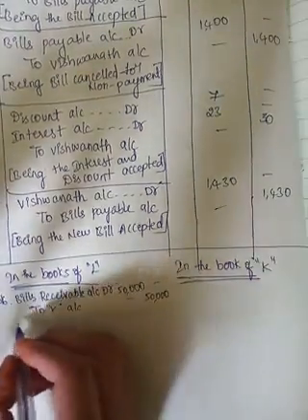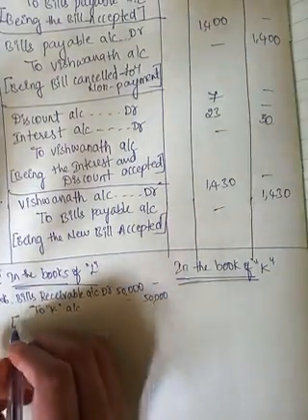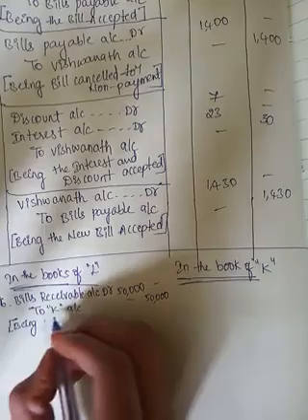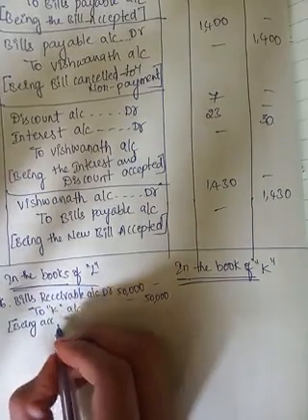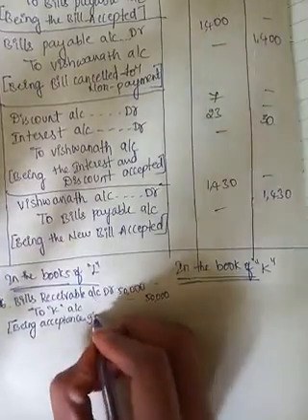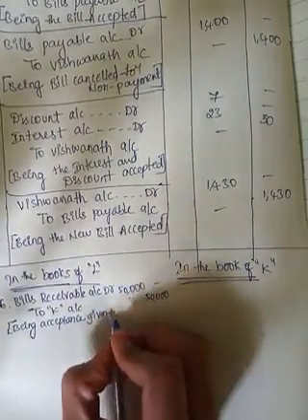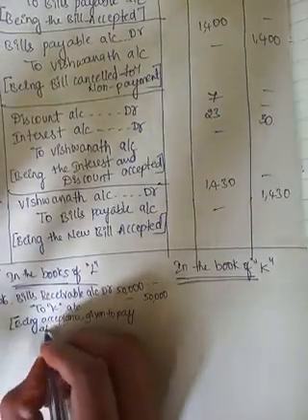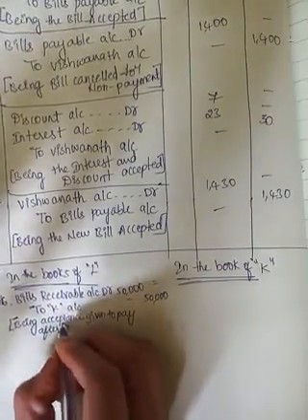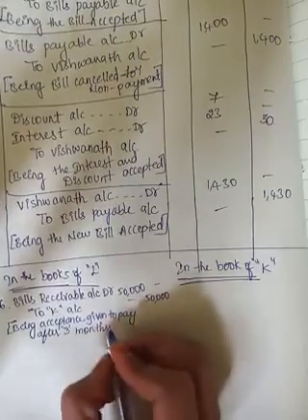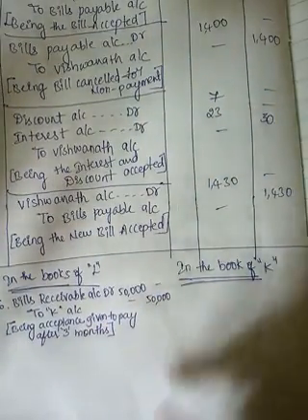Narration is, so here K gave the acceptance: being acceptance given by K to pay after 3 months. This is the first entry.